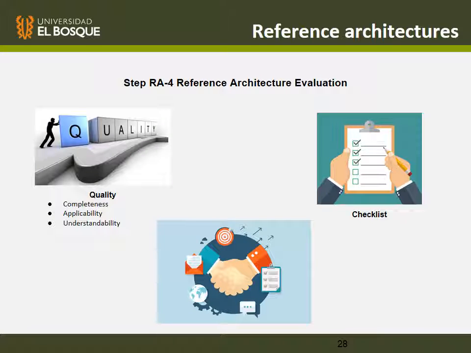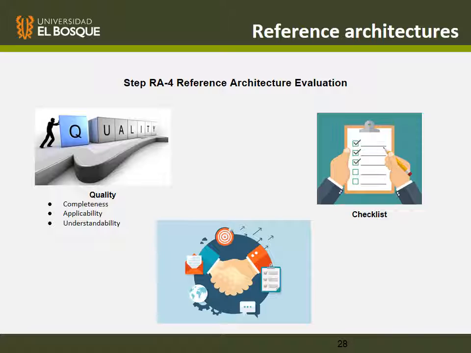The quality of reference architectures is important, since such architectures will be used as the main basis of a set of systems of the given application domain. Quality in reference architecture refers to a set of quality attributes, such as completeness, applicability, and understandability.